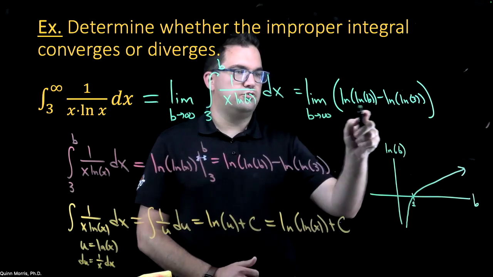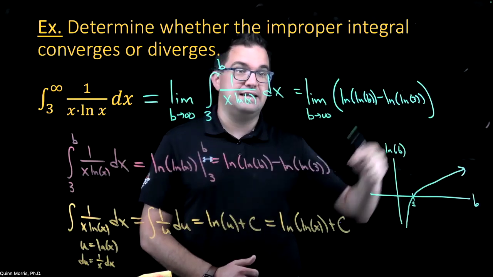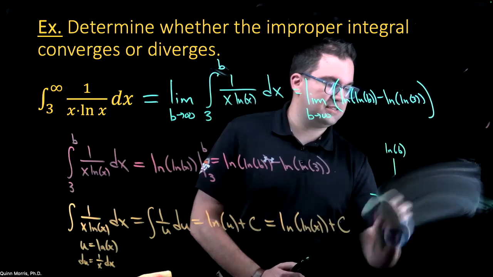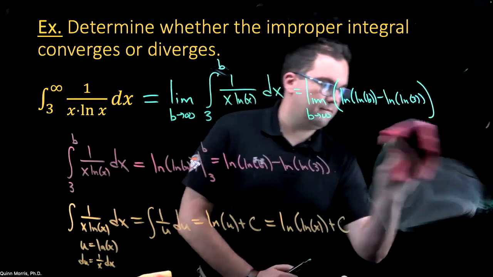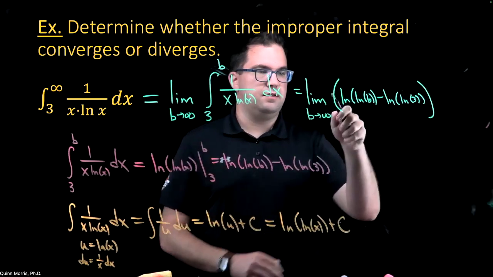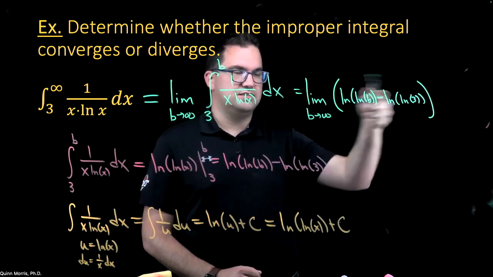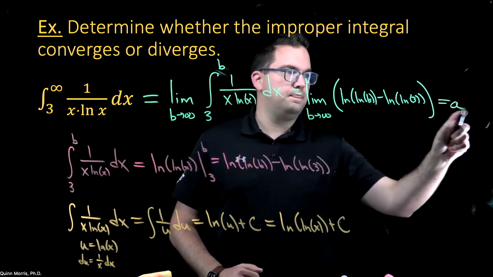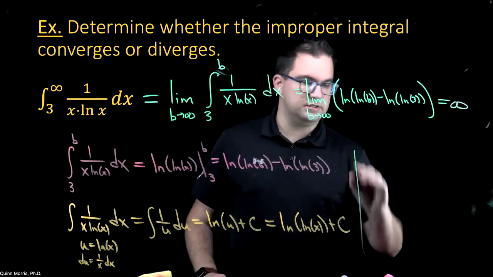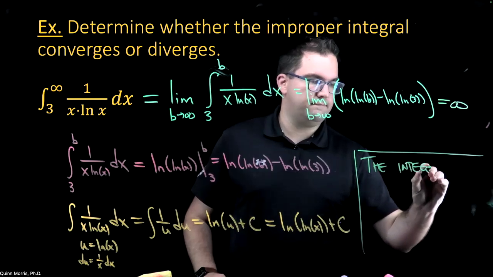So this is going to go to infinity, but now you have a natural log of that, but natural log of something going to infinity is also going to infinity. And so what you get is that this term is going to infinity. You're subtracting off some finite amount, but the whole limit is still going to infinity. And so you get that this improper integral diverges. Okay? So the integral diverges.